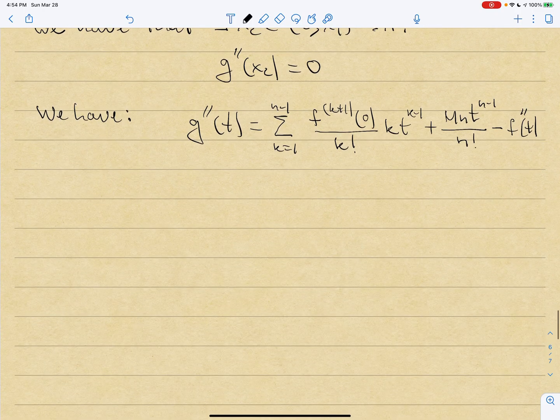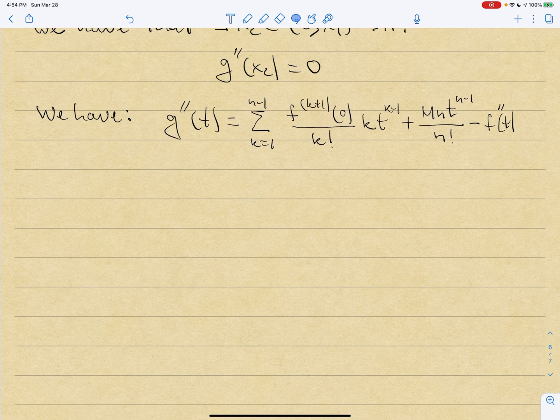And I can do the same sort of manipulations with this as I did with the derivative. So this should be equal to, first of all, k will cancel out.